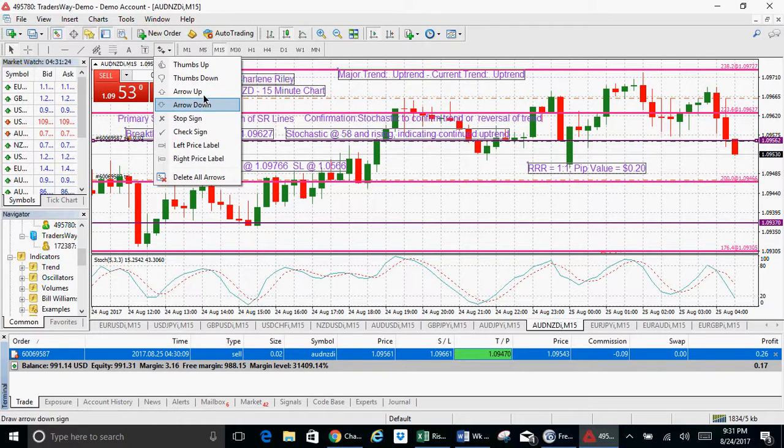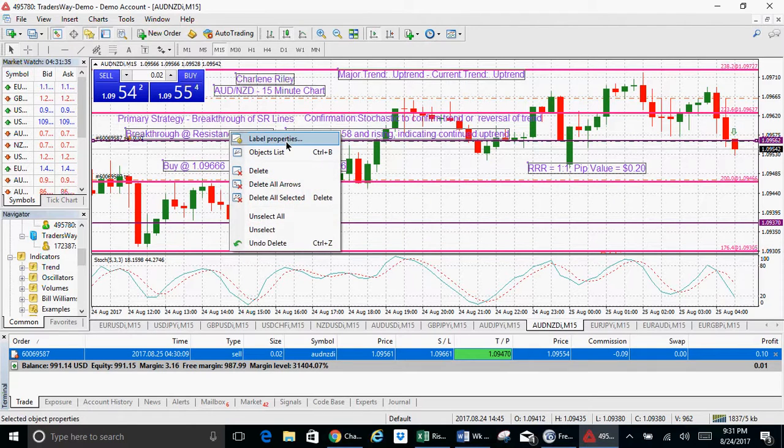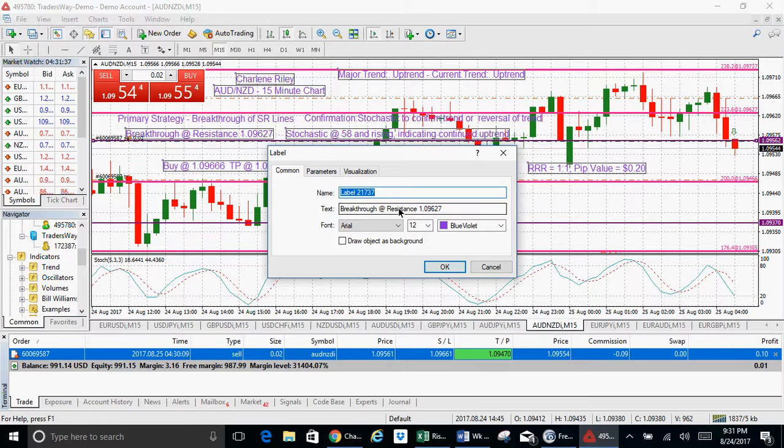So now I'm going to finish up the labeling of my charts. Breakthrough, support, 109.562.